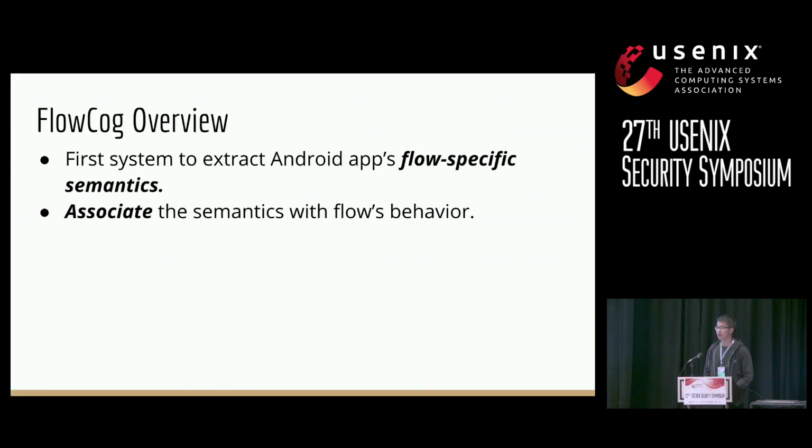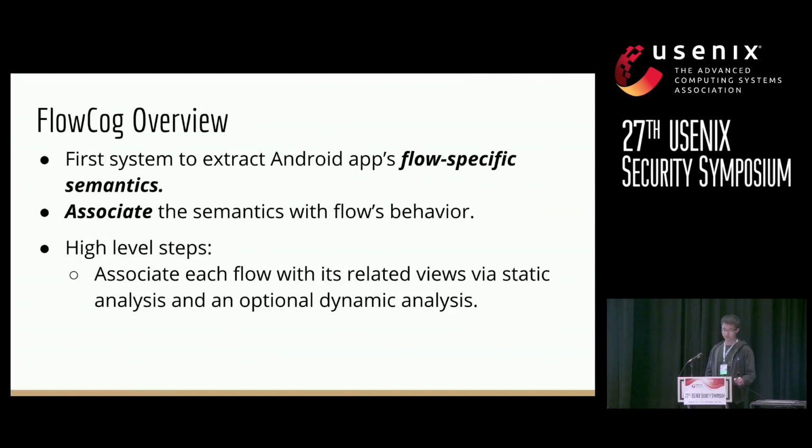Here are the high-level steps of how it works. First, it will associate each flow with the related views through static analysis and an optional dynamic analysis. So the first question is, what's a related view? Related views refer to the UI views that can somehow change the data flow's execution.